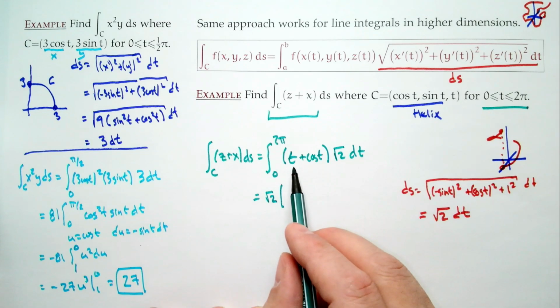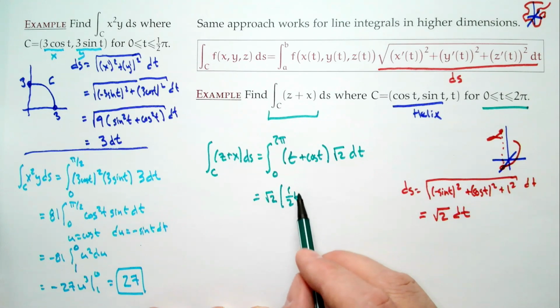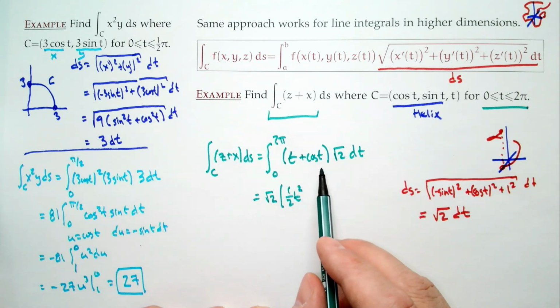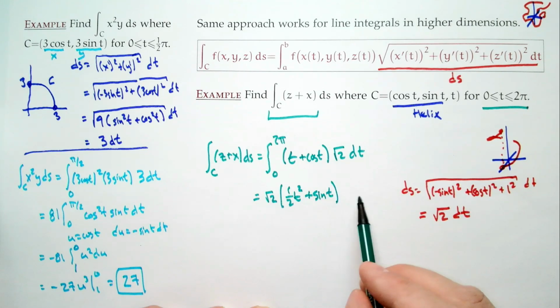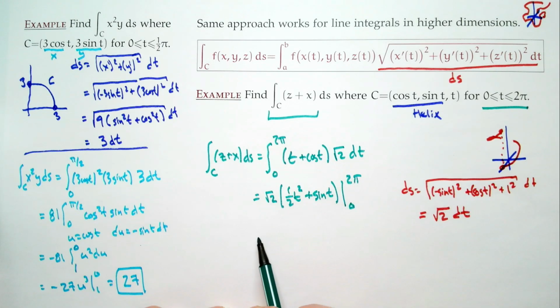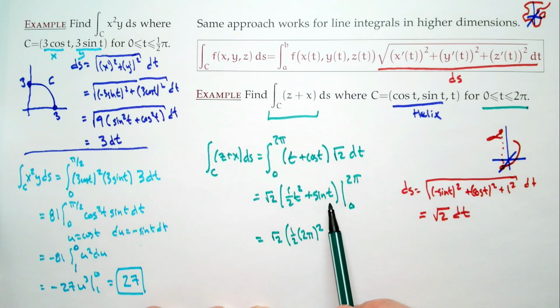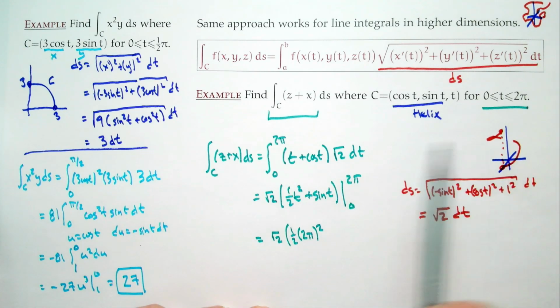The integral of t is a half t squared, or t squared over 2. Integral of cosine of t is positive sine. And now we're going to evaluate from 0 to 2 pi. Well, if you plug in 2 pi, you'll get square root of 2, and then you'll get 1/2 times 2 pi squared. Sine of 2 pi will be back to 0.